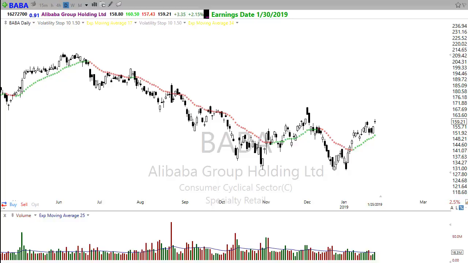You guys have to decide where you want that stop loss to be. I came within pennies of being stopped out on JD. Didn't get stopped out. Came really, really close.